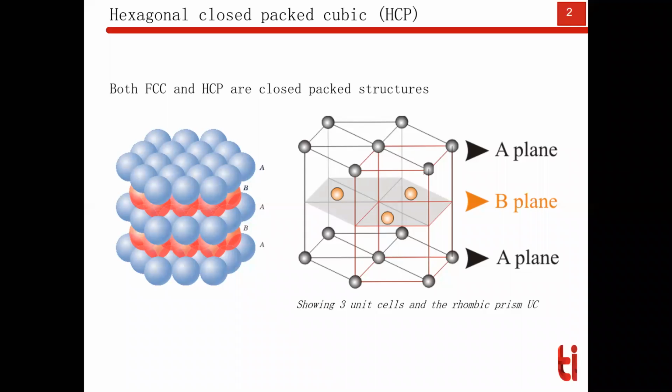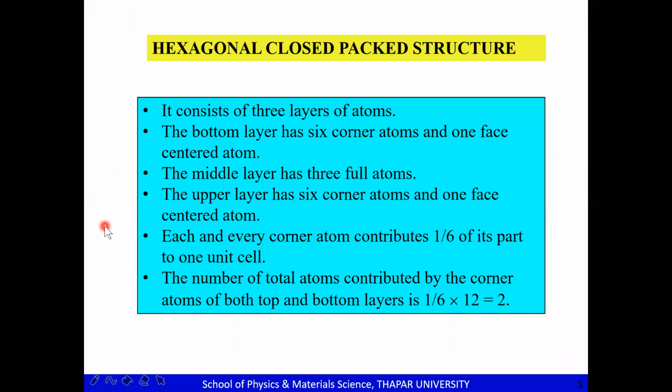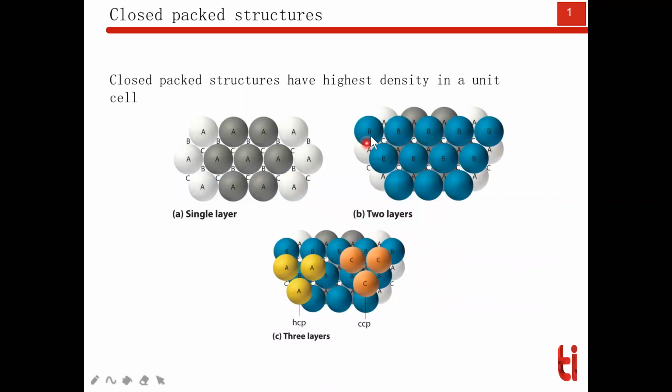Okay, there is a question that if you look at the previous diagram, the B layer atom is sitting on the top and not precisely in the valley. Now, where exactly is the valley?